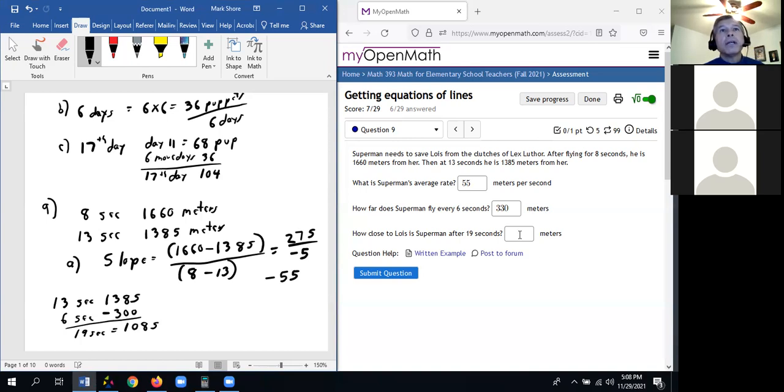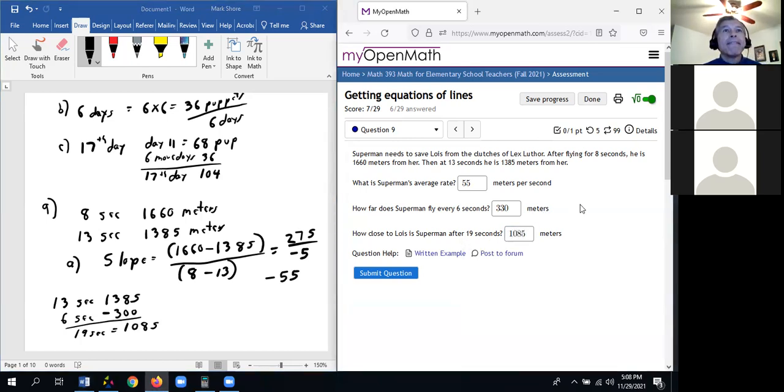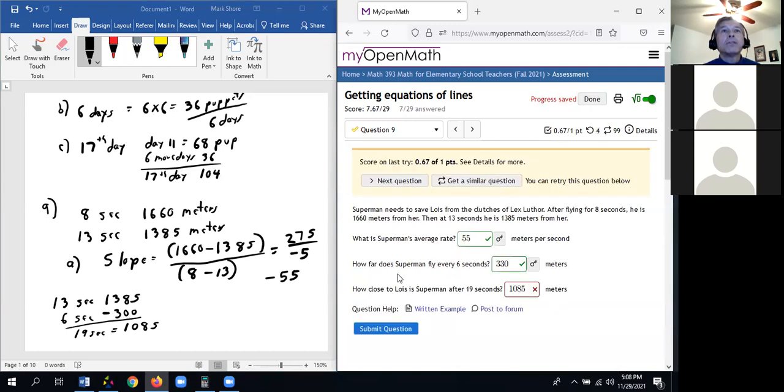So this right here should be 1,085. Okay, so let's see if we got all the parts to it, and missed that part right there. Oh, 330 is what I'm supposed to be subtracting here. So typo right here. 330 meters is what we should have right here.